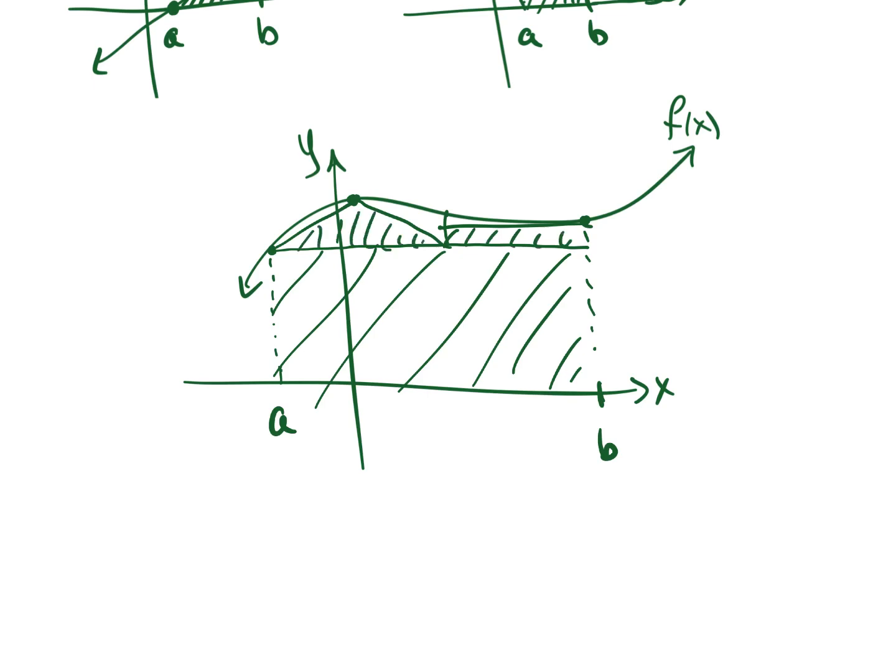But no matter what you do, you're always going to have little sections that you have a difficult time accounting for, all these little wedges and pieces that you'd have a tough time adding up. So we need a method for calculating areas under curves without just trying to force shapes that we know into that space.